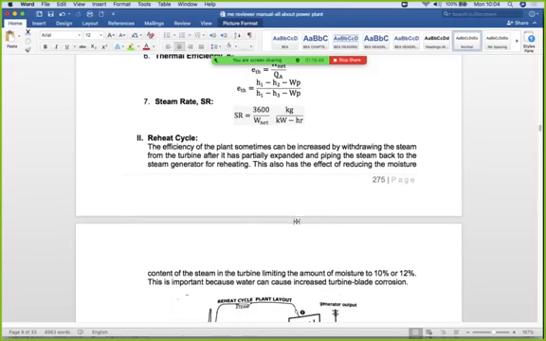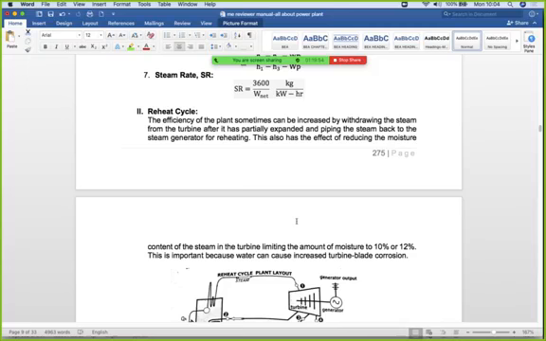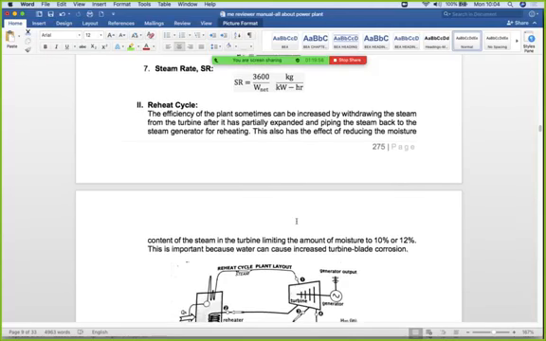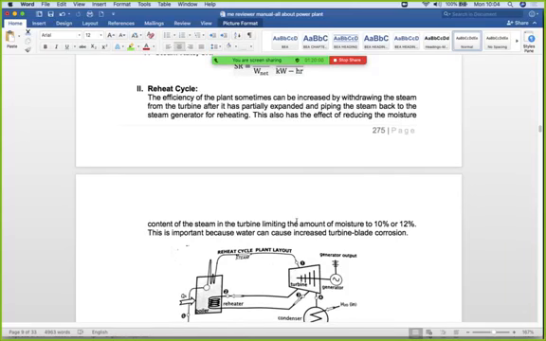This also has the effect of reducing the moisture content of the steam in the turbine, limiting the amount of moisture to 10% or 12%. There is also a turbine that can be suitable for steam with moisture. Otherwise, this turbine cannot be exposed to moisture.